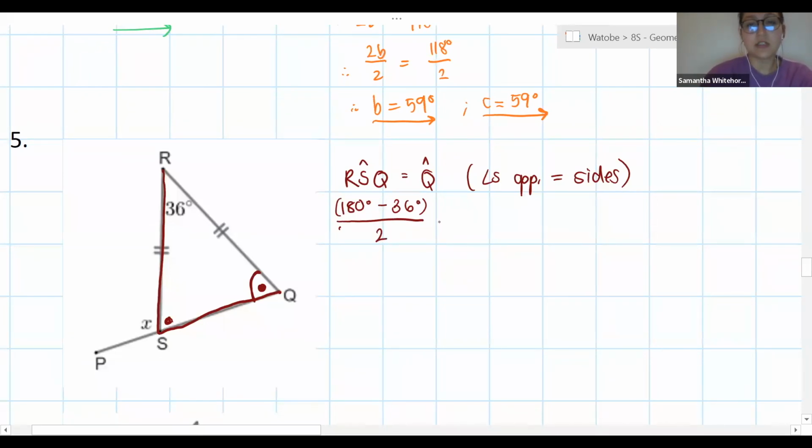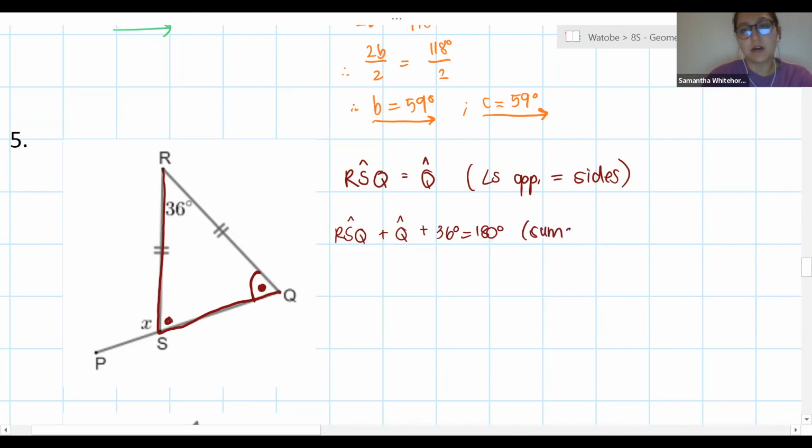Now I know this looks a little bit different to what we usually put in here. And I'm actually not enjoying how I've written that at all, so I'm going to rewrite that. We know that angle RSQ plus angle Q, which we know are the same thing, plus 36 degrees must be equal to 180 because of angles in a triangle.